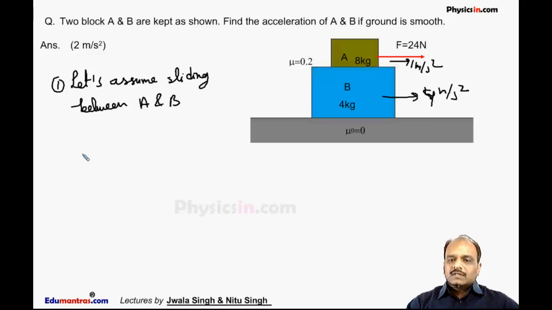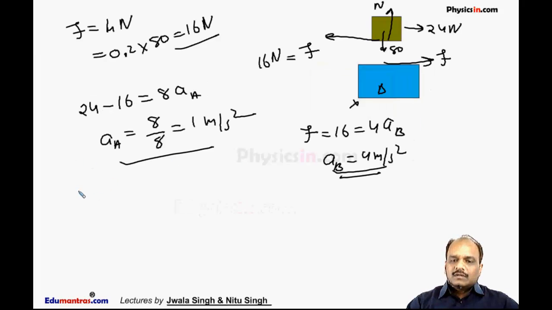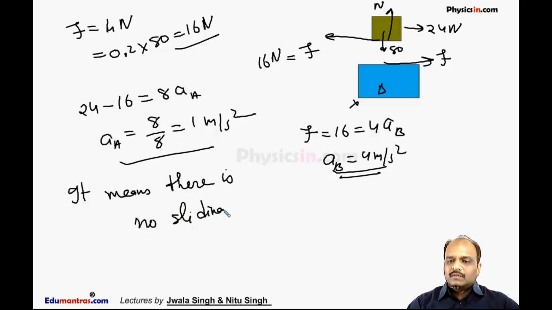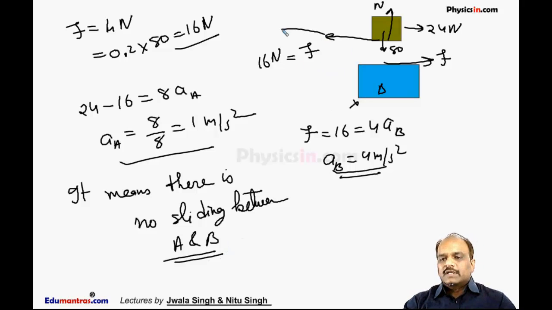It means there is no sliding between A and B, because we were taking the friction as limiting friction.